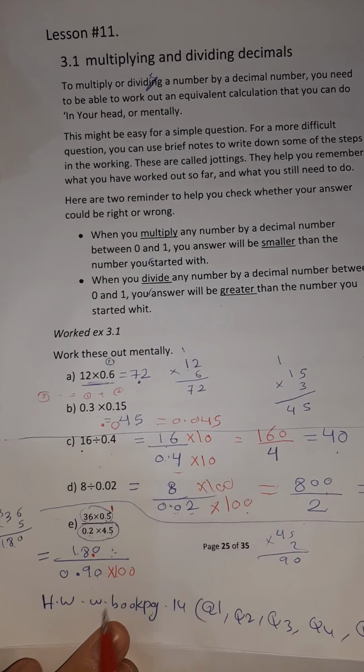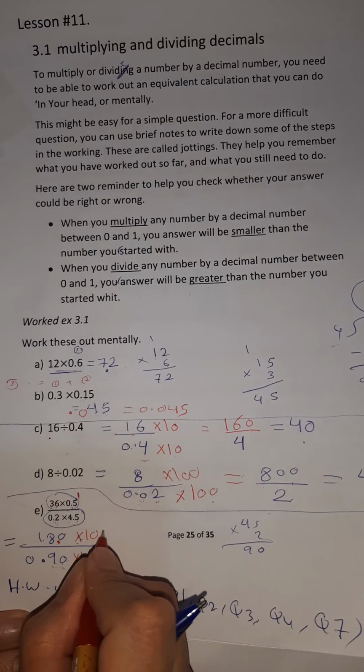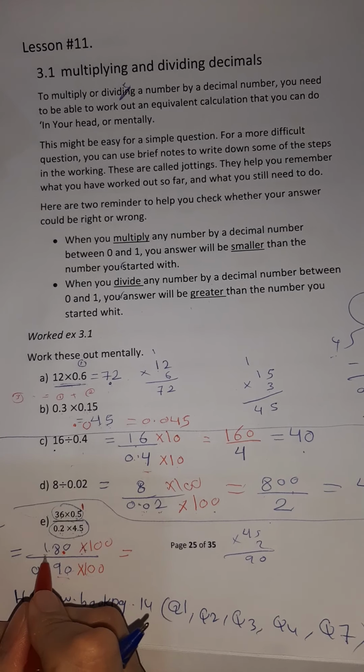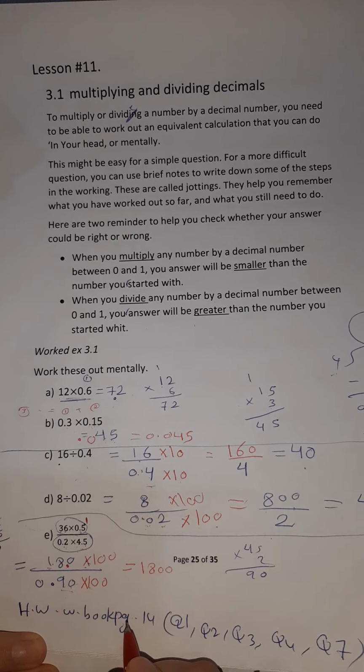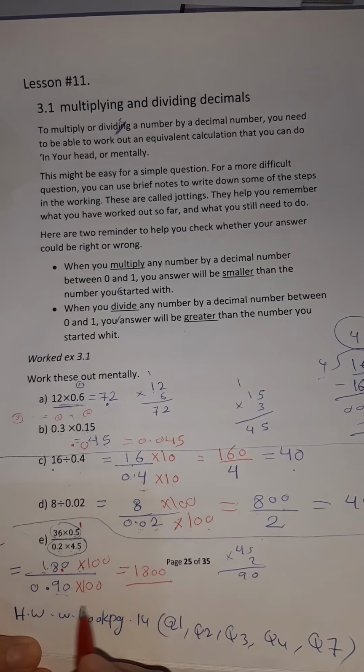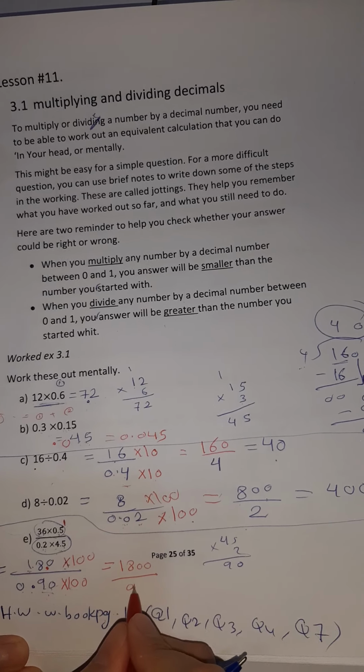Here times 100, two decimal places, also times 100, equals 18 times 100, 1,800, out of 0.90 times 100, 90.